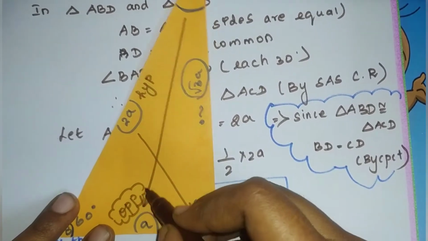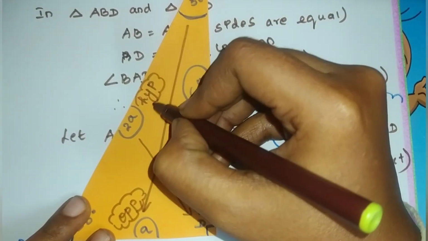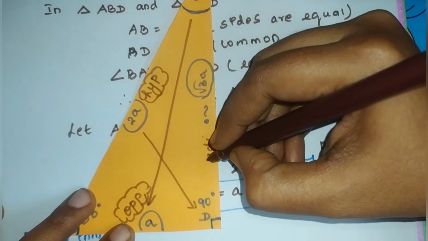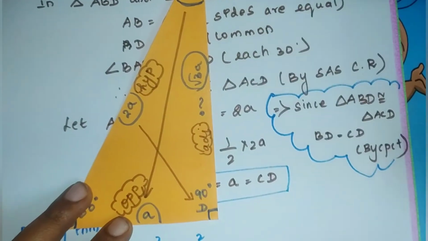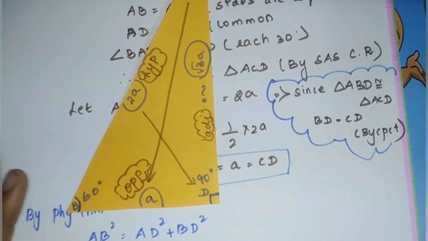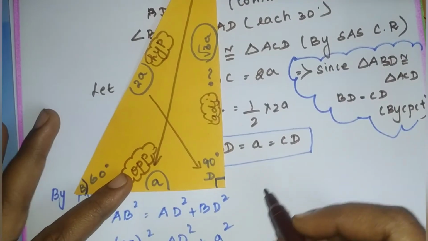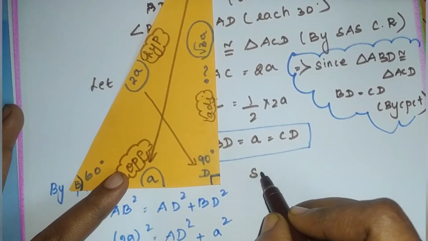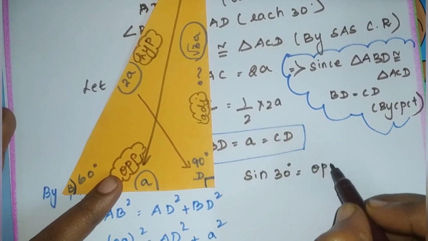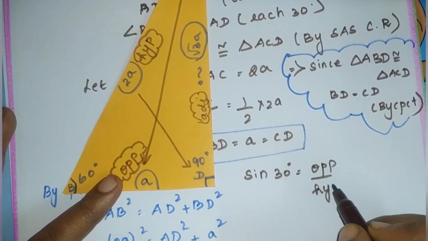This is opposite and this is hypotenuse, and this one is adjacent. Now we know all the sides of the triangle. So now sine 30 degree formula is opposite by hypotenuse.